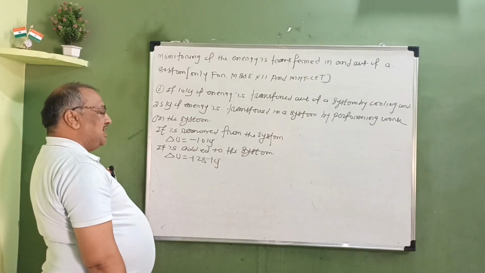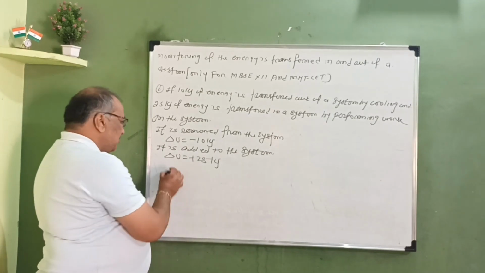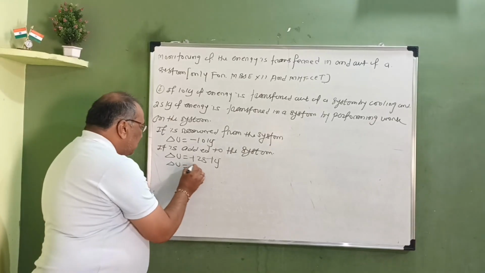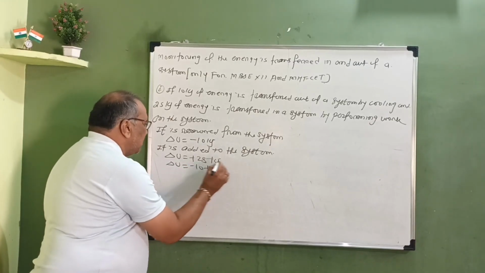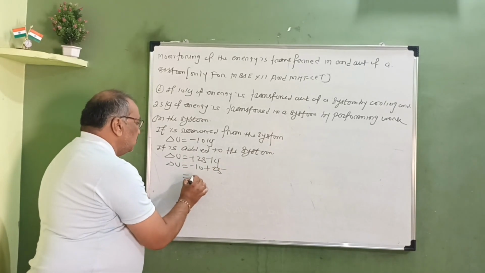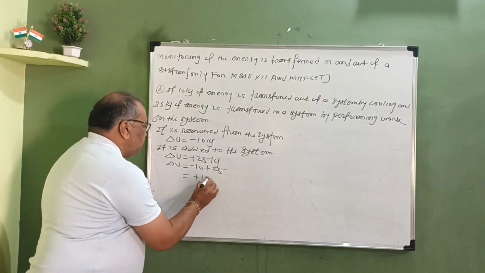That means net or resultant delta U equal to minus 10 plus 25, which is equal to plus 15 kilojoule.